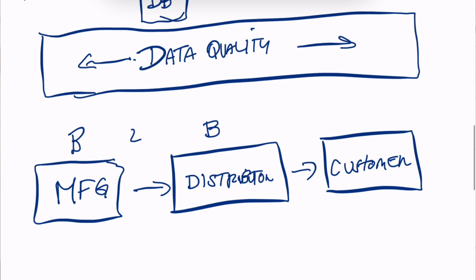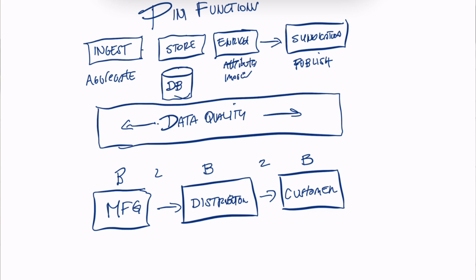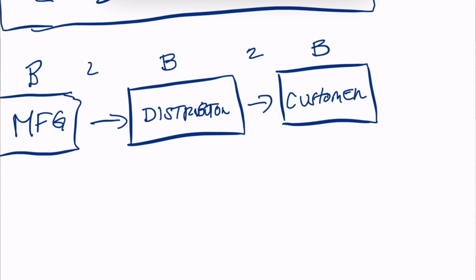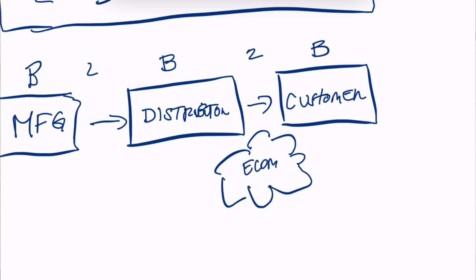B to B to B. Obviously it's much more complex than that, but that's a simple way to look at it. When we look at e-commerce, typically the most valuable part of e-commerce happens here. So I'll draw this as a cloud, not a good cloud, right?